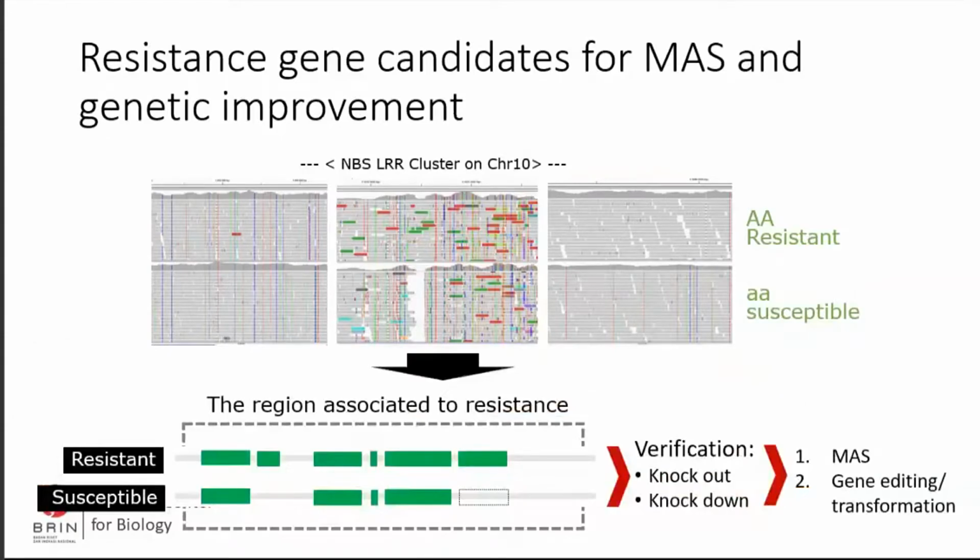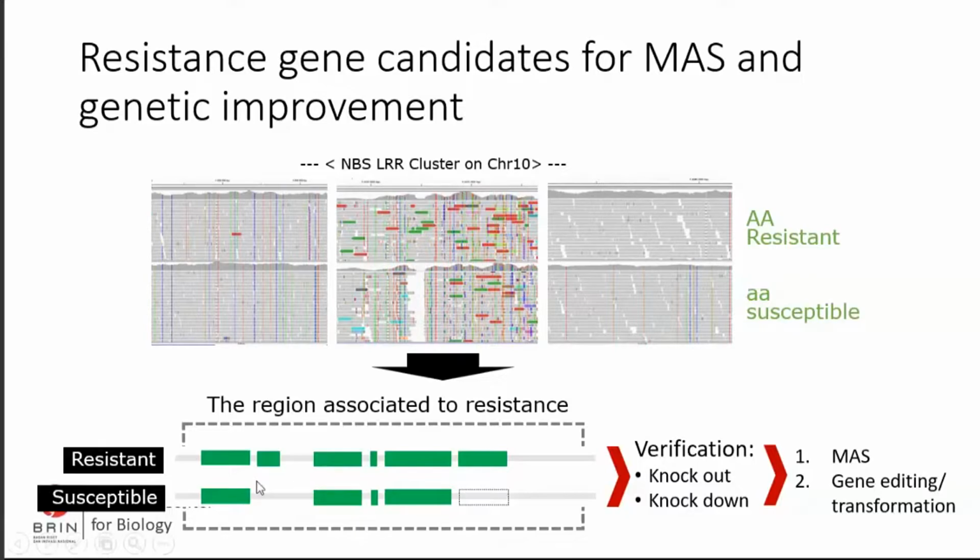And here is part of the chromosome 10 sequences. So we did resequencing of the resistant plants and susceptible plants, homozygous on that resistant region. And from our first impressions, there is a difference between the sequences of the resistant plant and susceptible plant.